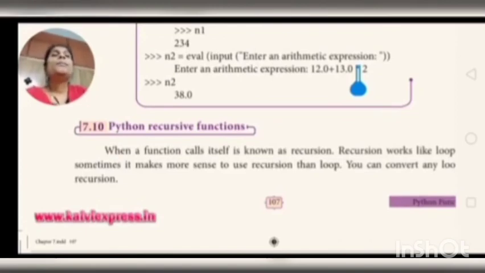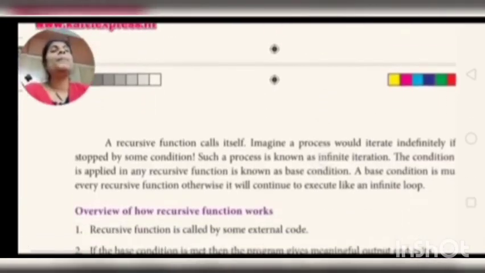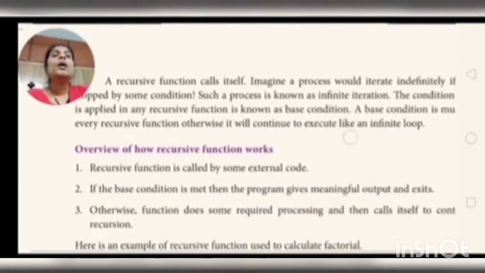Okay, next Python recursive functions. Recursive function means if we call one function, that function will call another function. So it is a looping function. The function will loop until a particular condition is satisfied. So here we have an overview of how this function works. First, this recursive function is called by an external code.